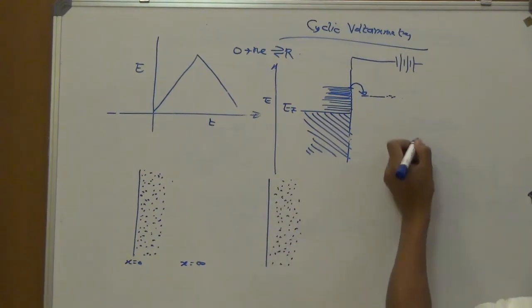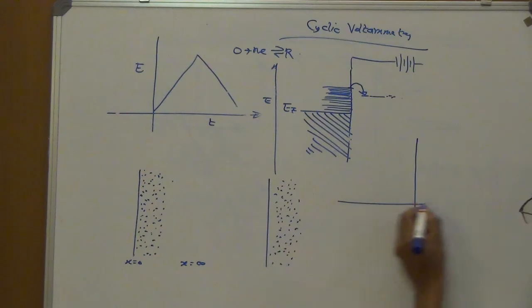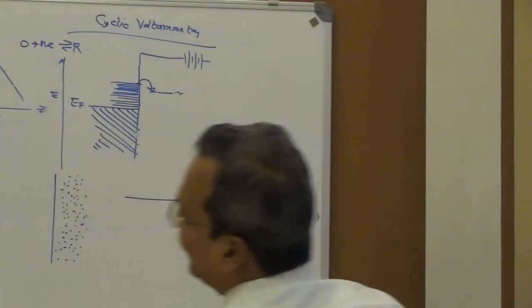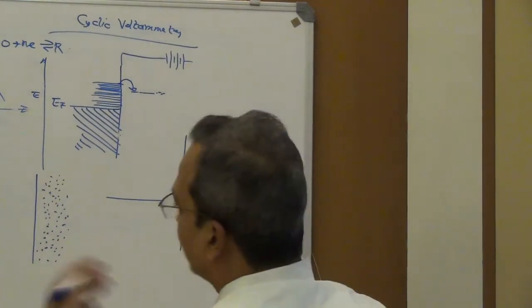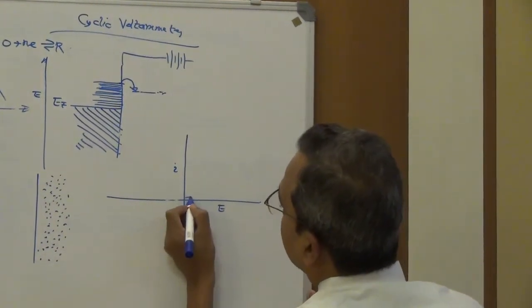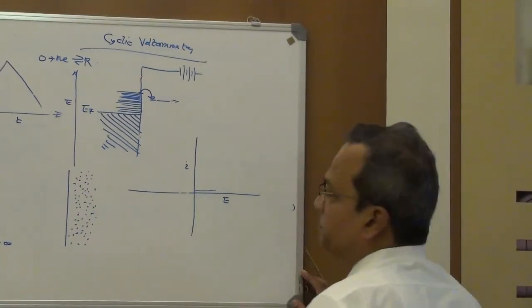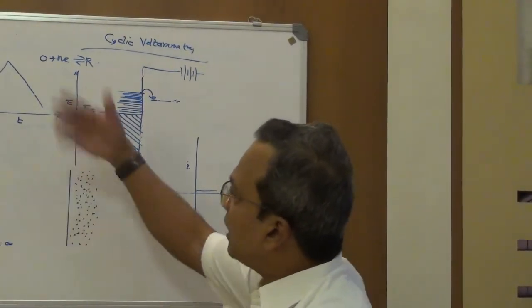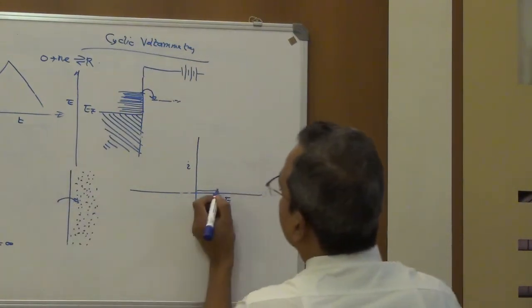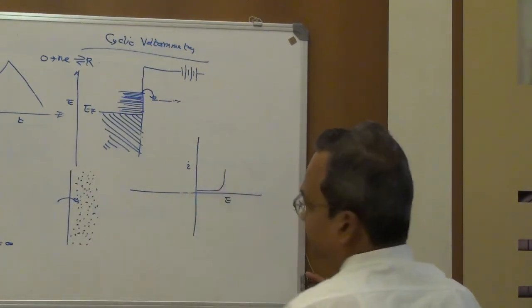If you try to see the current response for that: at this point, since the potential is less than the redox potential, no current will flow, and if you plot current versus potential, the current is very near 0. But when the potential is just above the redox potential, current will flow and start increasing like this.